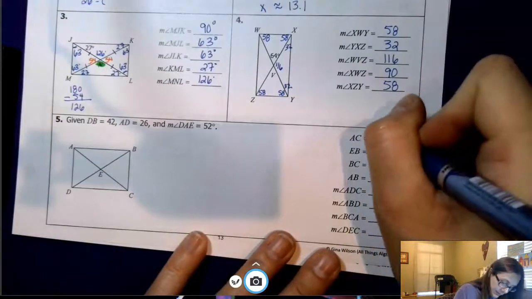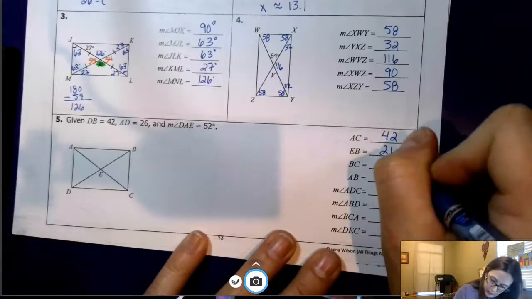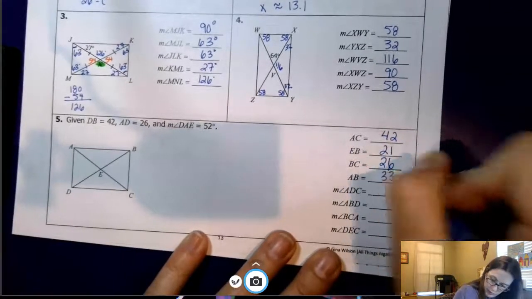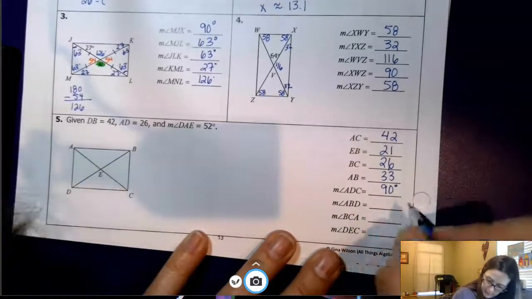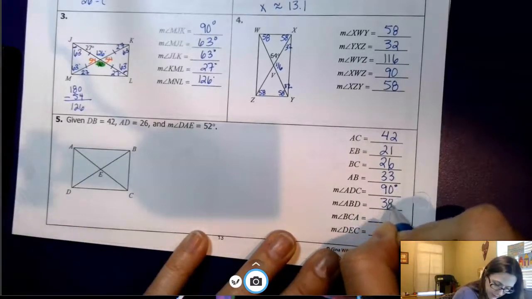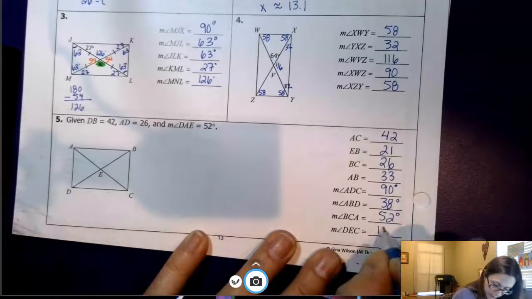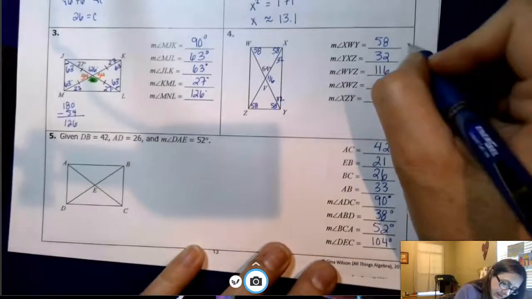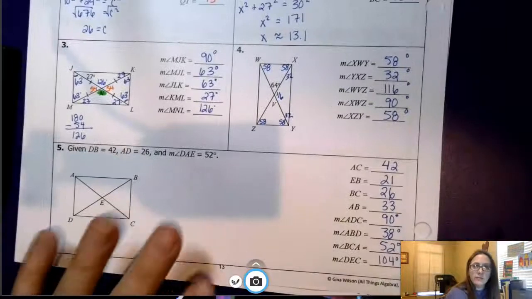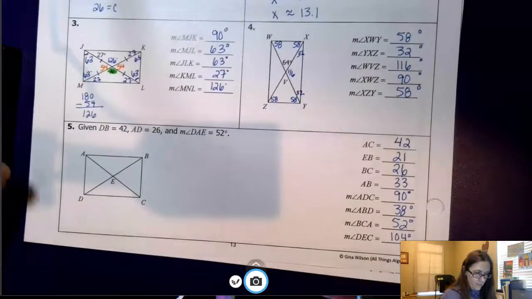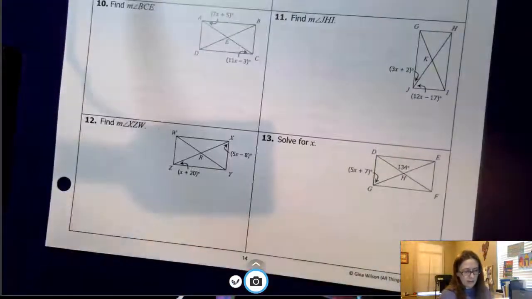Okay, AC should be 42, 21, 26, 33, 90 degrees, 38 degrees, 52 degrees, and 104 degrees. I didn't stress this, but you should put degrees anytime you're looking for an angle, so don't forget that. Okay, if you have questions on that, bring it to class and we can go over that one in class.